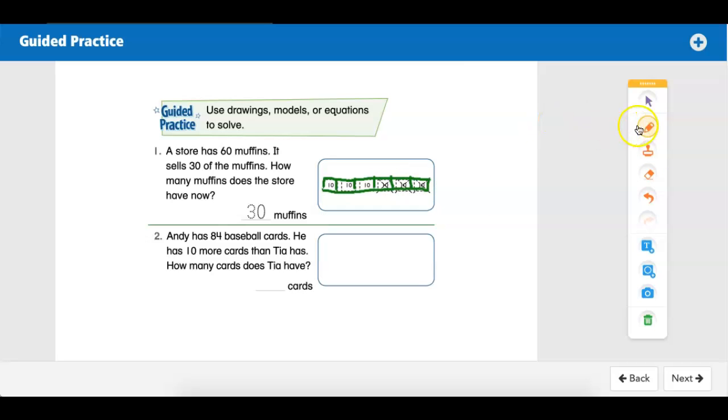We know that they sold 30 muffins. That would be 10, 20, 30. If they sold 30 out of 60 muffins, there are 10, 20, 30 muffins left in the store now.